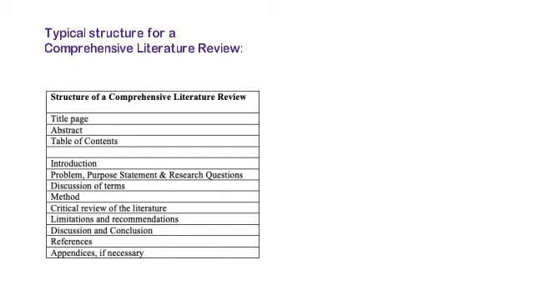And then you would have an introduction, problem, purpose statement, and research questions, discussion of key terms, methods, the body of the review, the critical review, limitations and recommendations, discussions and conclusions, references and appendices, although they're not often seen. You don't often add appendices to comprehensive literature reviews. You do sometimes see them.